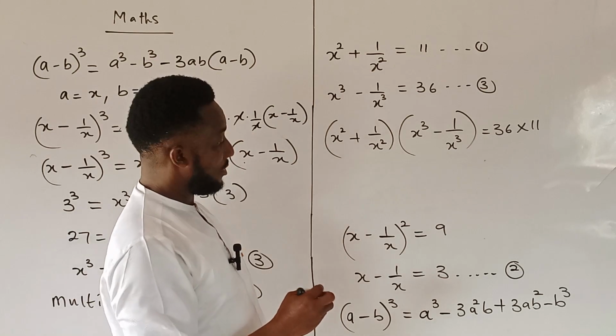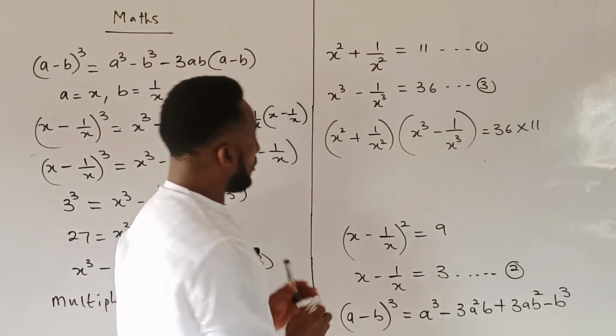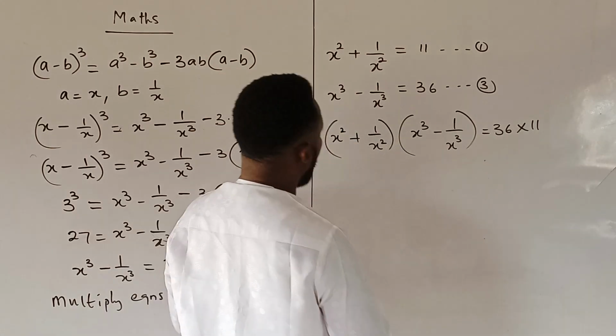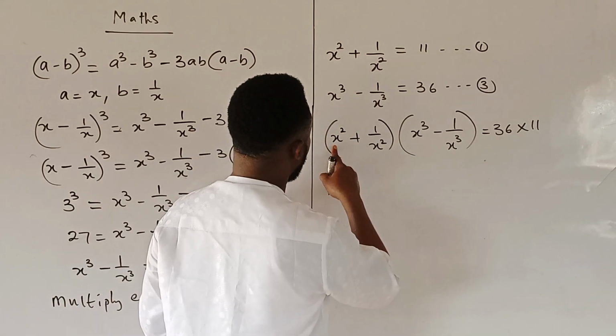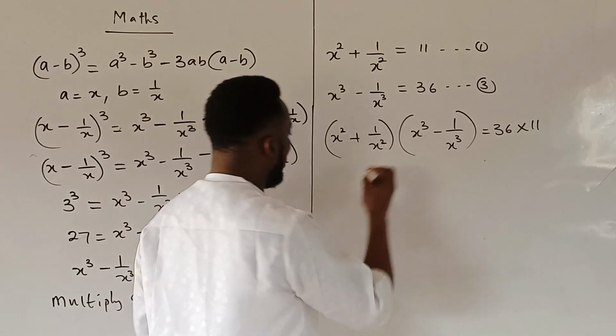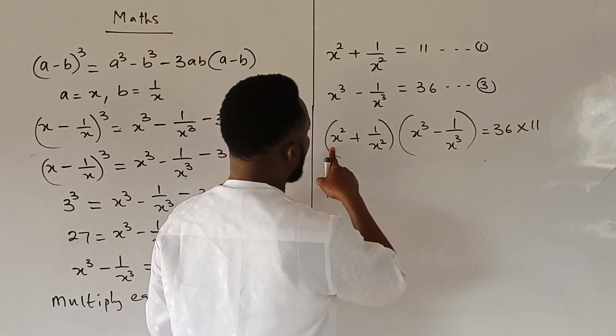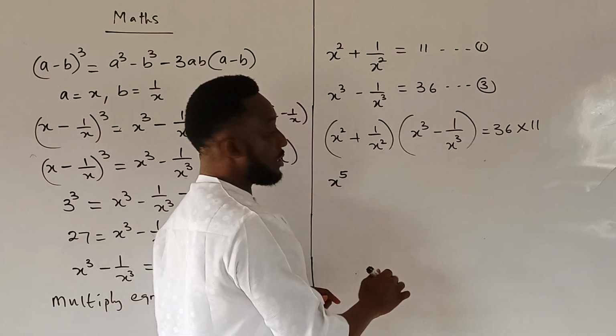Now, if I distribute the two parentheses, I'm going to be having x squared multiplied by x cubed. That will give me x to the power of 5. Then x squared multiplied by minus 1 upon x cubed.